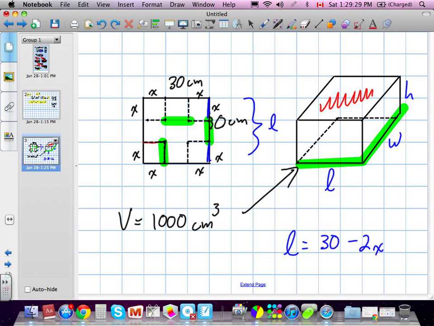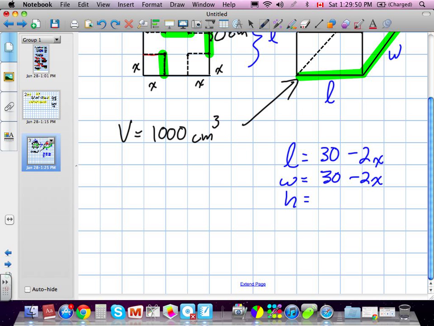Does that idea make sense? All right. Since this is the same length here, same idea. We're going to have 30 for our width. Our width is going to be the exact same measurement. Remember we said it was a cube, right? So then we can assume what's the height? The same thing. Exact same thing. We discussed how it was going to be a cube. So those are our measurements.